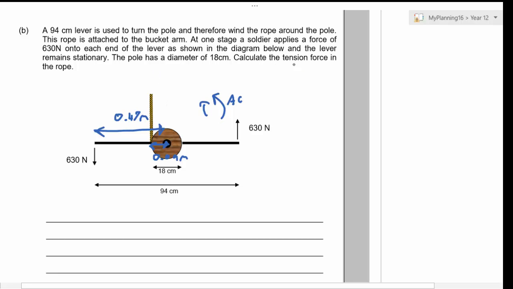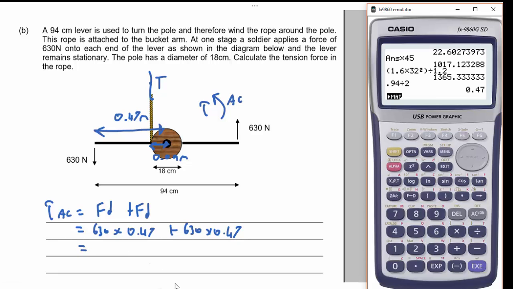So it says calculate the tension force in the string. So first thing I want to do is work out what is the anti-clockwise torque. So torque anti-clockwise is going to be force times distance plus force times distance, because there's two forces and two distances. It just so happens that those two forces and those two distances happen to be the same. So you could do this and go times 2, or you could write 630 times 0.47 out twice.